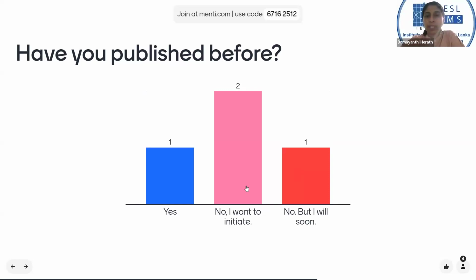If you have not published, but you are working on it, which means you will be publishing soon, please choose the third option.